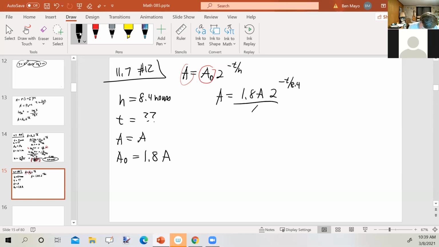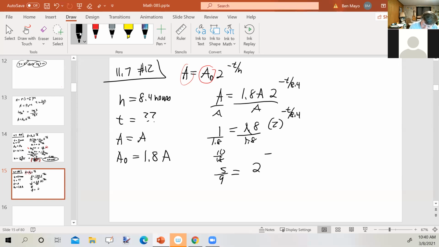We're going to divide both sides by A. So on the left side, we don't get 0, we get 1 equals 1.8 times 2 to the negative T over 8.4 power. Okay. Going to divide both sides by 1.8. Let's see, I'm going to change 1 divided by 1.8. That would be what? 10 over 18 or 5/9 equals 2 to the negative T over 8.4 power.